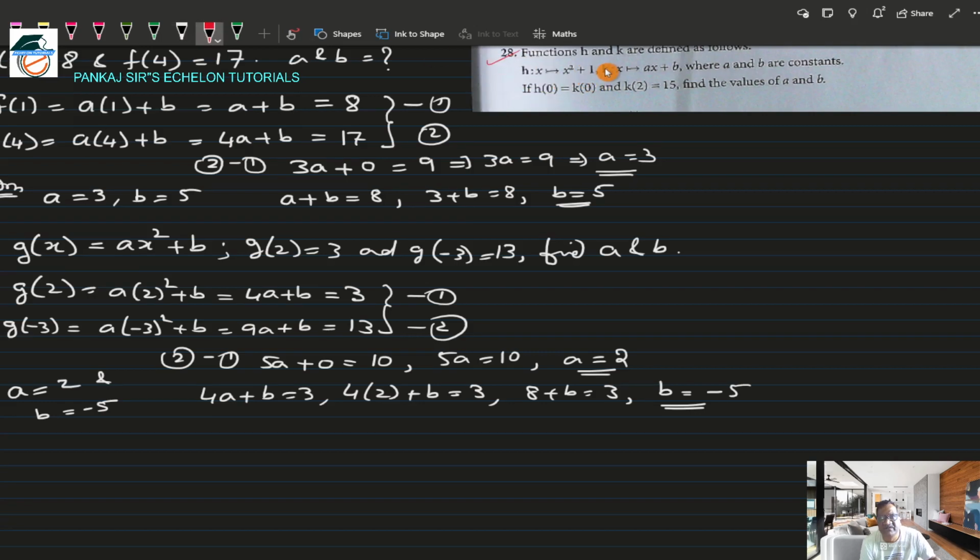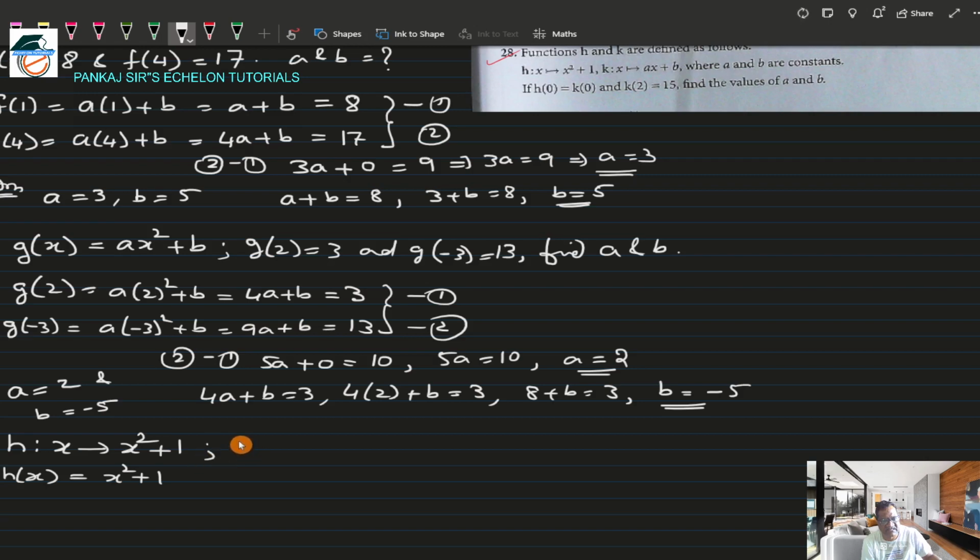Okay, functions h and k are defined as follows. So function h is defined here in this way. Can you see it is written h, x arrow mark x square plus 1. Now this can be written straightforward in this way, h of x equal to x square plus 1.